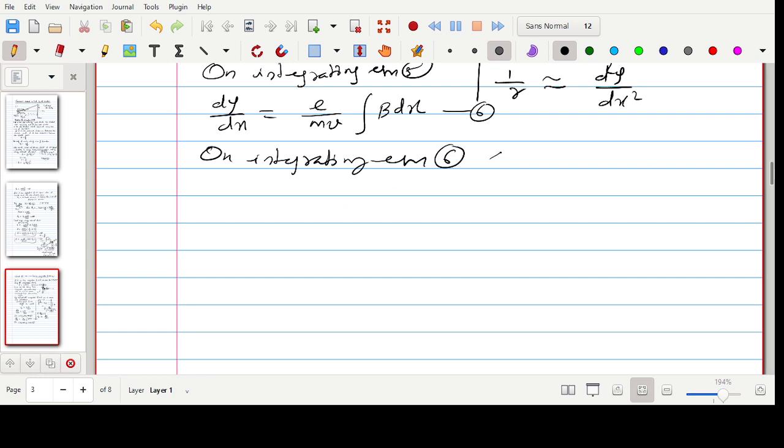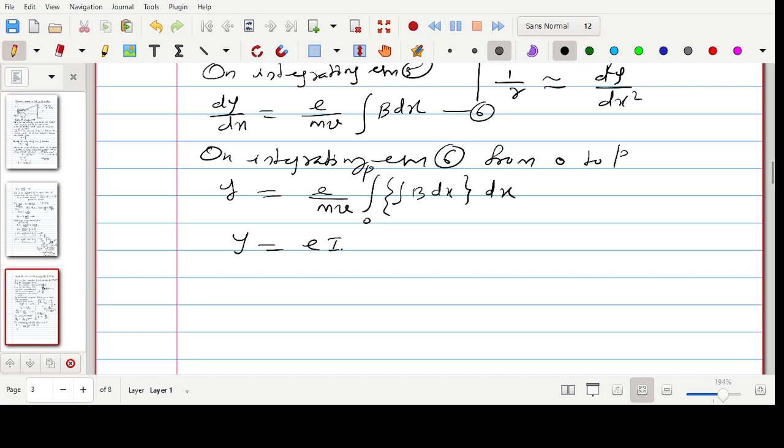On integrating equation 6 from 0 to p, we will have the total shift y equal to e by mv, which is constant, times the integral of B dx integrated from 0 to p. So we will have a double integral like this. I am writing this as eI by mv. This is equation 7 and this one is equation 8.